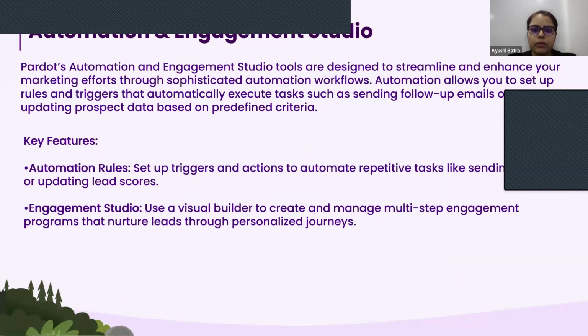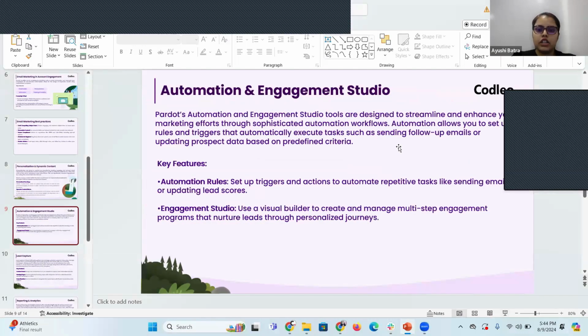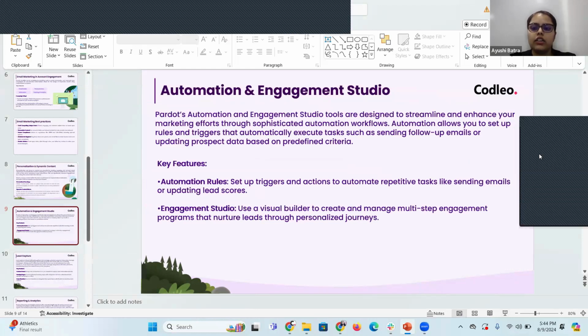Then we have automations and engagement studio. Automations and engagement studio are tools designed to streamline and enhance your marketing efforts. Through automations, you can reduce your manual tasks, and you can set up rules and triggers that automatically execute tasks, such as sending a follow-up email.